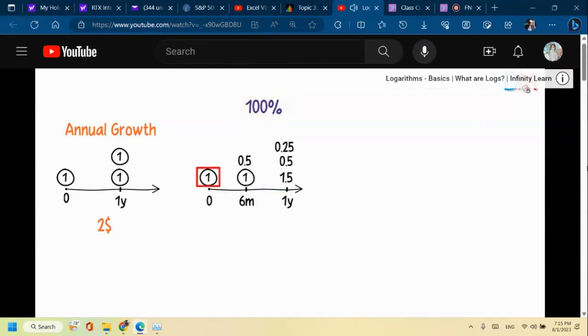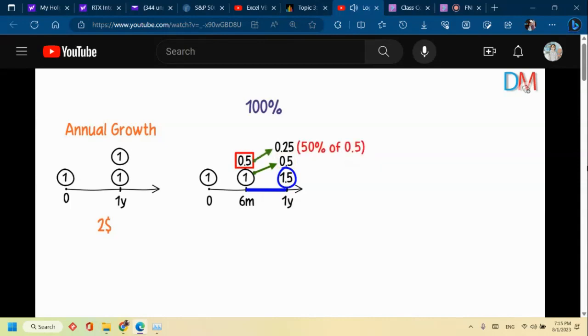Our initial dollar earned 50% interest in the first half to give 50 cents more. Now what happens in the second half? $1.50 remains as is. The growth is 50%. So 50% of $1 will be 50 cents. And this time the 50 cents also earned 50% interest.